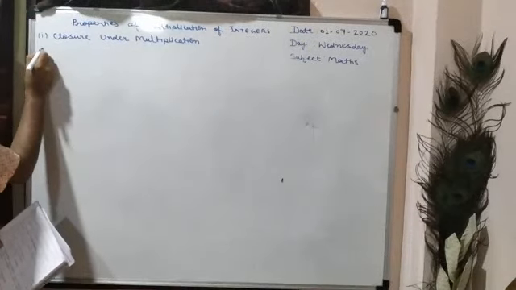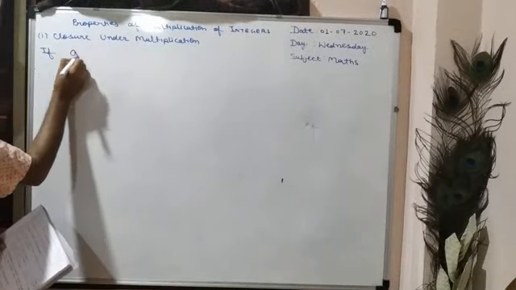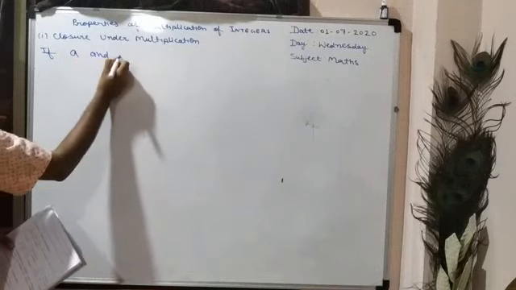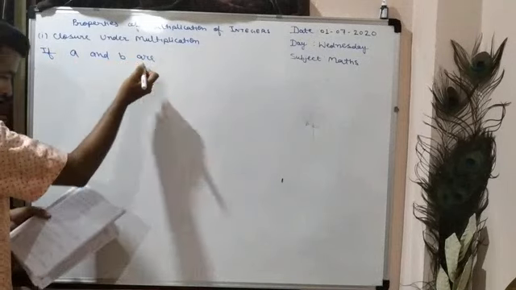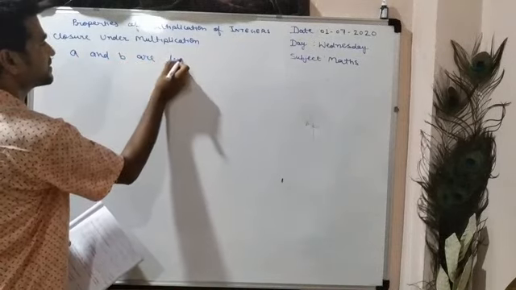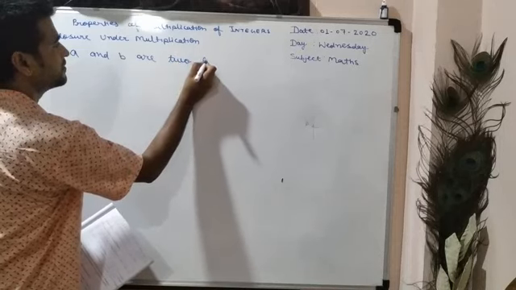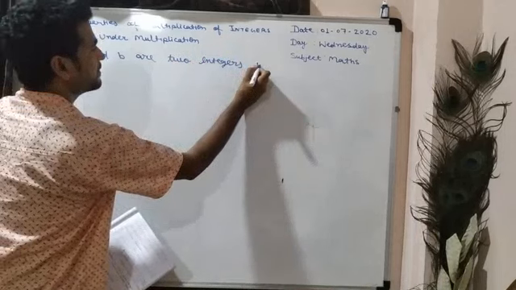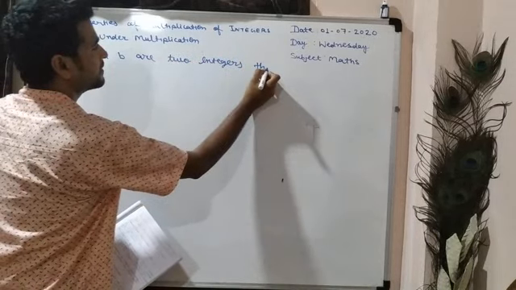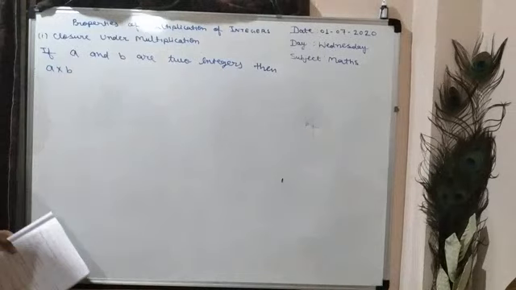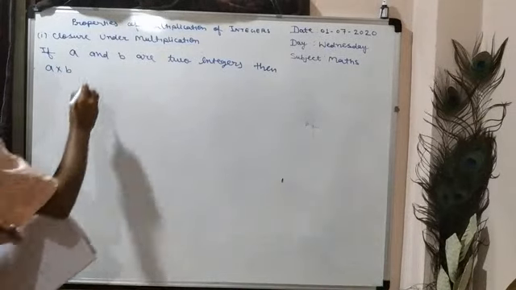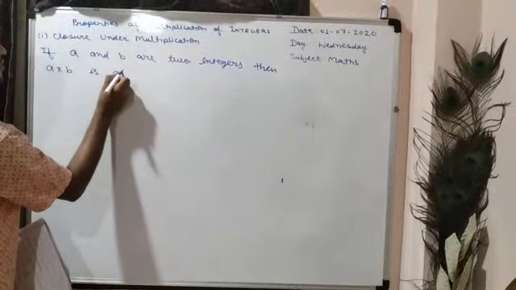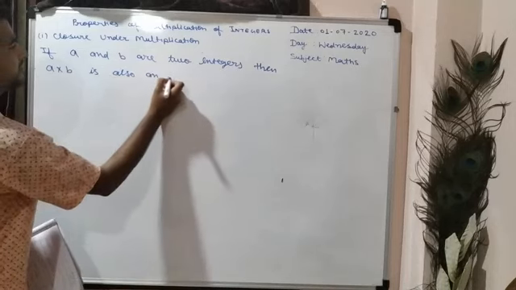We are saying that if a and b are two integers, then a multiply b, product of a and b, is also an integer.